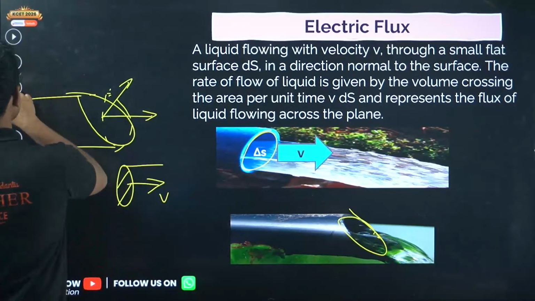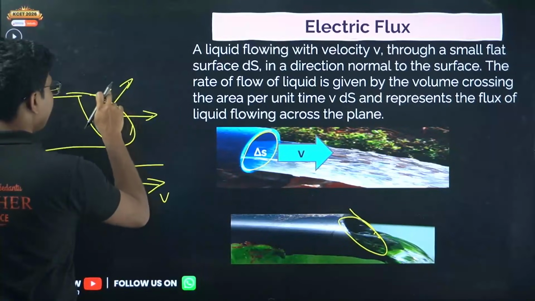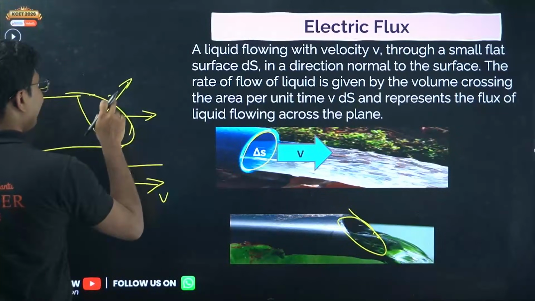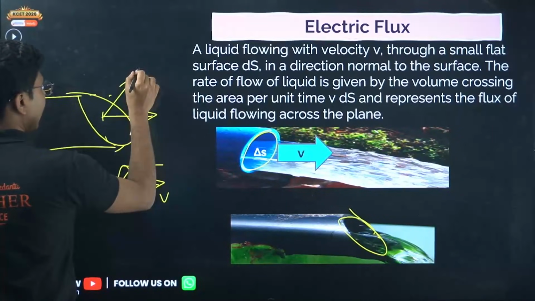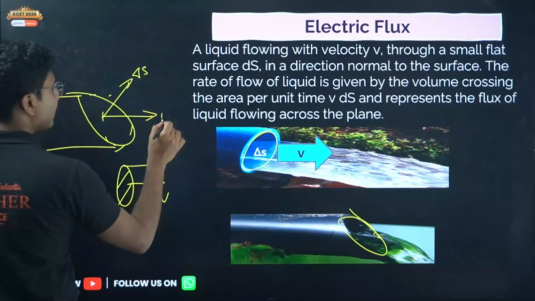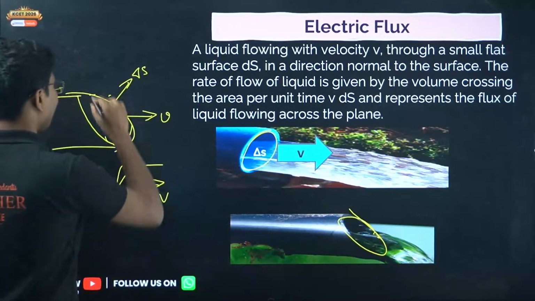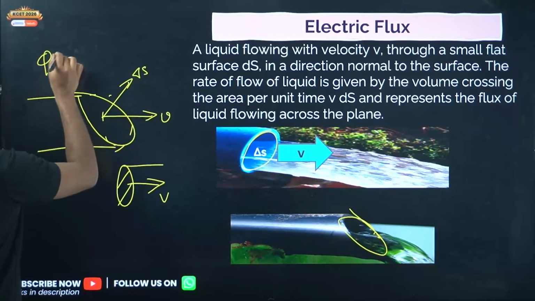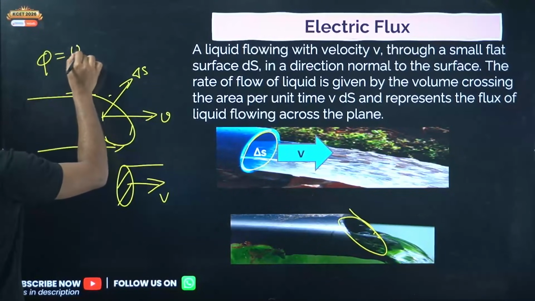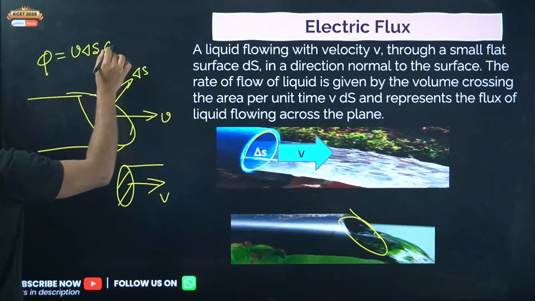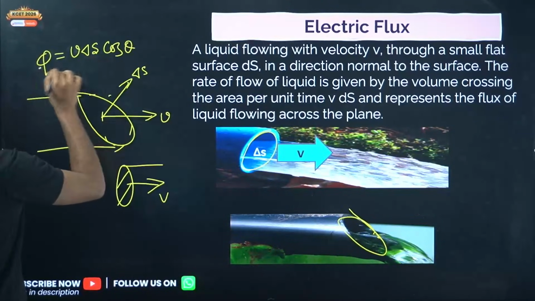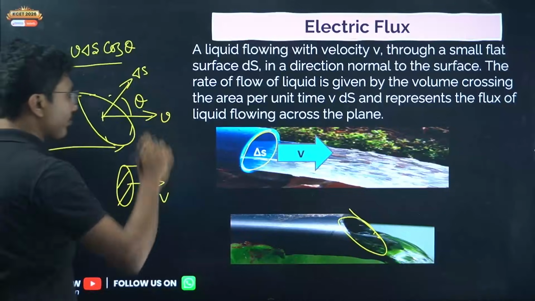So you take the area vector and the velocity, and the flux in this case is given by v delta s cos theta, where this angle is theta.